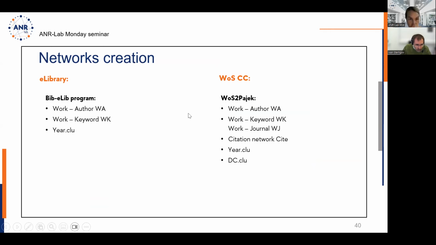Yeah, and talking about networks creation, as for Web of Science, this program WOS to PAEC allows us to get the list of two-mode networks of works and authors, works and keywords, works and journals, then a one-mode citation network of publications, and also some additional files with the information on which year the publication was published, and then also a special file which shows if the publication is included in the hits, so if it is found by our original search query, or it is only cited.